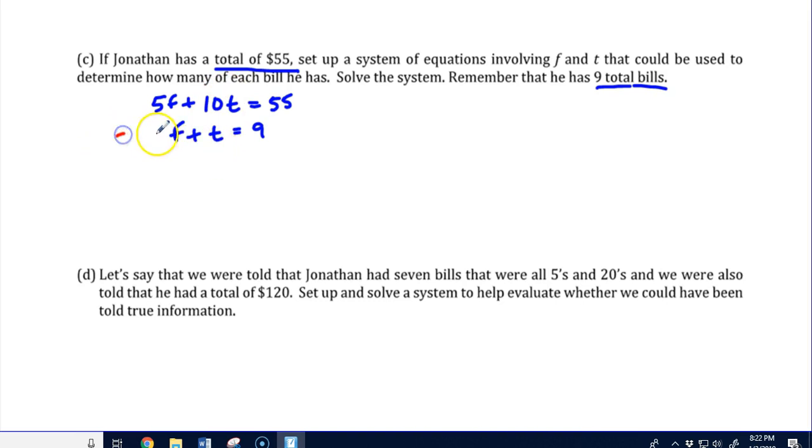So what I'm going to do is multiply the bottom one. Let's go ahead and eliminate our f's. So basically I want a -5 here as the coefficient of f. So I'm going to multiply the whole bottom equation by -5. Put it in parentheses. All right, so let's rewrite everything. Top equation as it was. Being careful to write my t like a nice little scripty t, so it doesn't look like a plus sign.